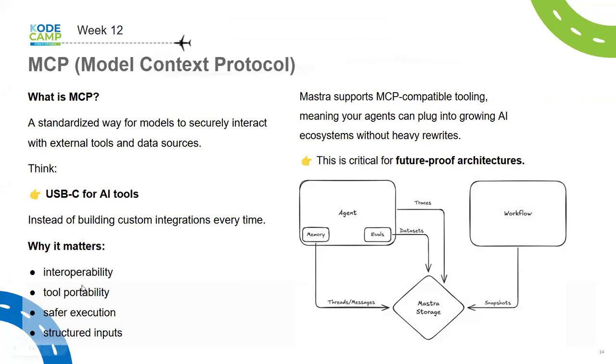The main things are interoperability, tools being portable, safer execution, structured inputs, and all of that. Mastra has MCP built in. We are going to see that when we look at the Mastra Studio. I'm going to try to pull up the Mastra Studio so that we can look at our agent and see how it works.